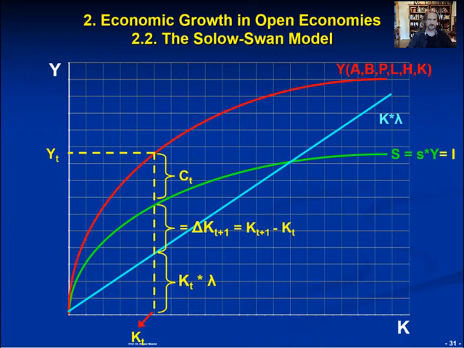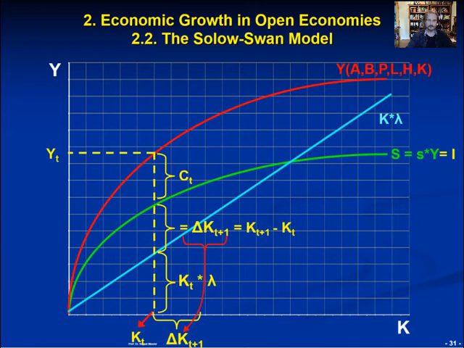If we do this graphically, we have to add this net investment level to the old capital stock KT. The length of this vertical bracket and this horizontal bracket is identical, as you can control with the help of a straight edge, for example.